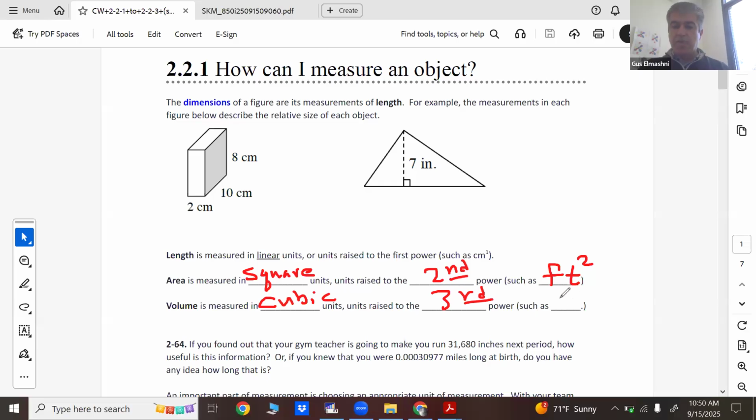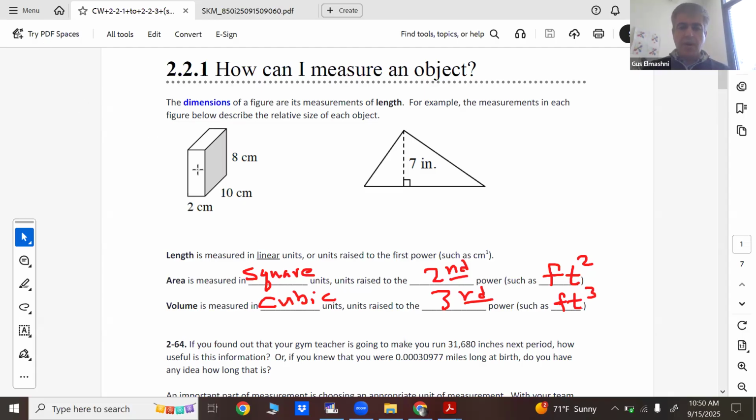That could be in cubic feet, or centimeters, inches, whatever, it doesn't really matter. But you have to cube your dimensions. If I had a box, I'd measure length, width, and height. The water bottle is more of a cylinder. That's a different formula, a circle times the height. We'll talk about that later in the year.